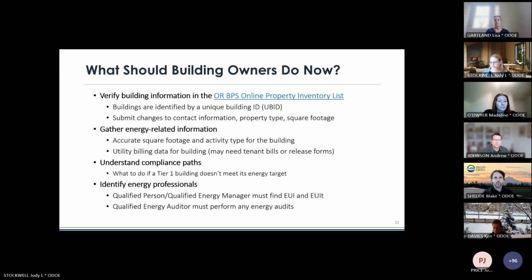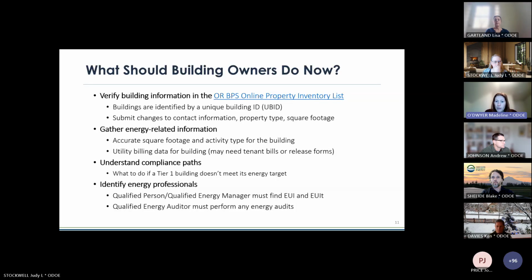Okay, so now you have all of this information. What do you do today? What do you do tomorrow and next month? The first thing that you need to do is verify your building information on our property inventory list. Every building is assigned a unique building ID, and that is then shortened to a UBID.